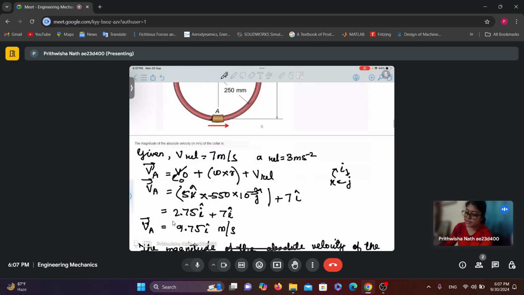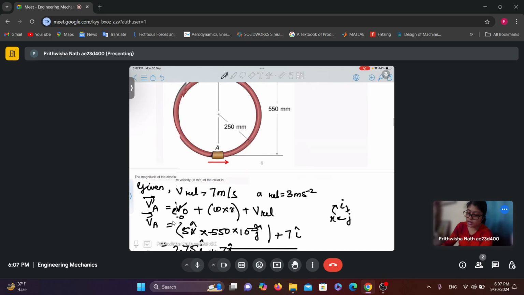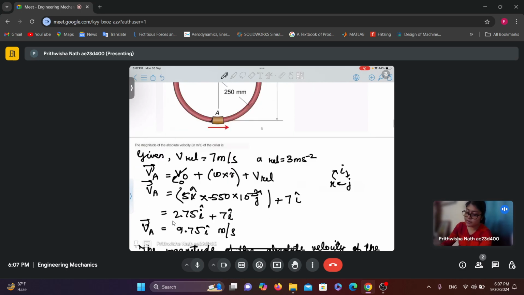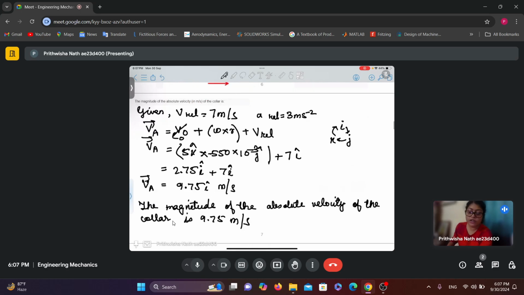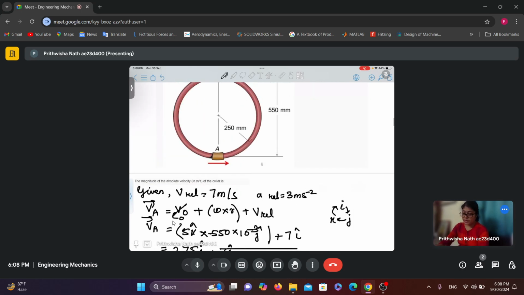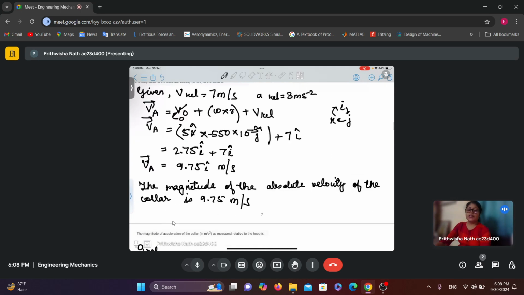So ultimately this quantity becomes a term in the I direction, and V relative can be seen to be in the I direction. So ultimately solving this gives VA to be 9.75 meter per second, which is in the I direction, that is in the X direction. So the magnitude of the absolute velocity is 9.75 meter per second.